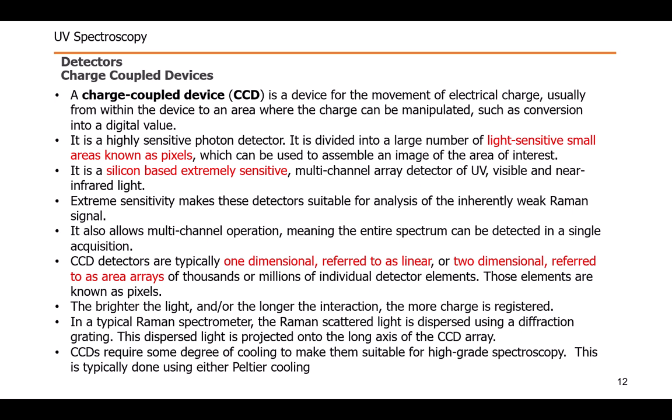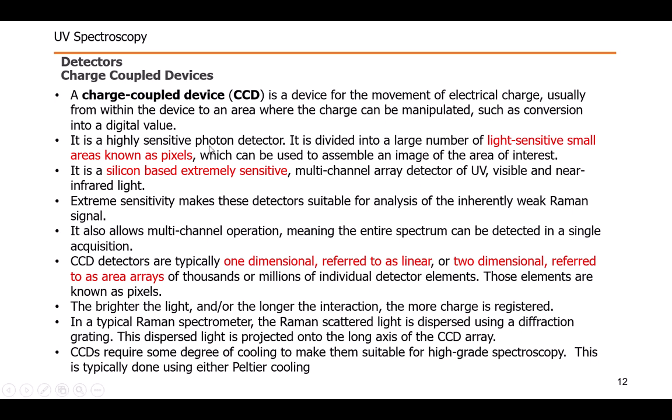Charge coupled devices are other good detectors, and these are frequently used in photography as well. Good photographic cameras use these charge coupled devices, or CCDs. It is a device for the movement of electric charge, usually from within the device to an area where the charge can be manipulated, such as conversion into a digital value.